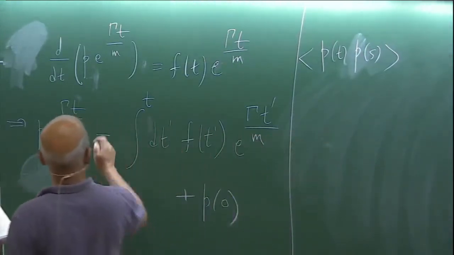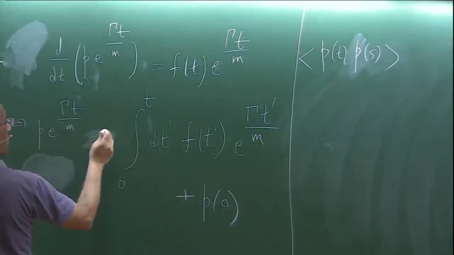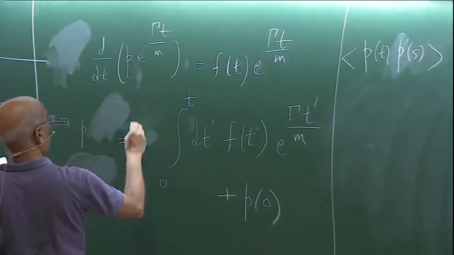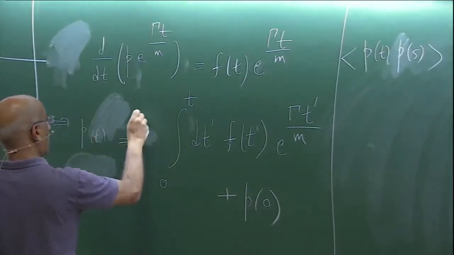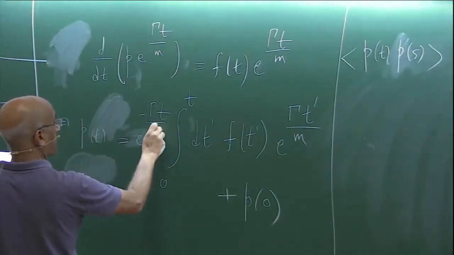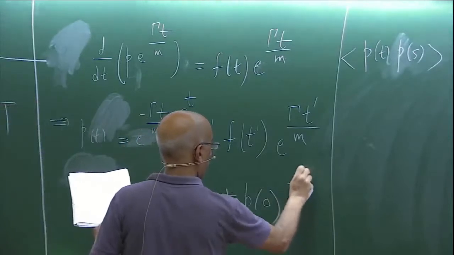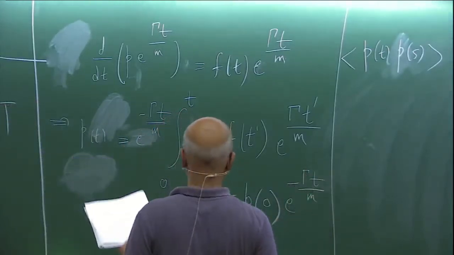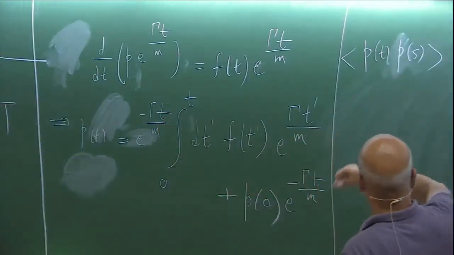So let me write this slightly differently. Let me write P, therefore, is e to the minus gamma t over m here, and this guy here. Right?